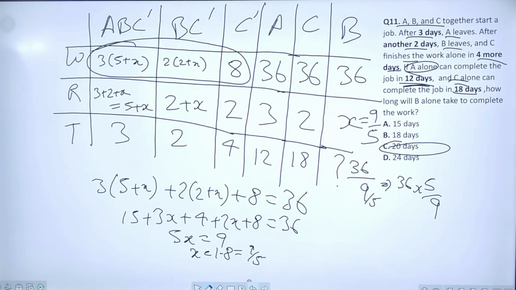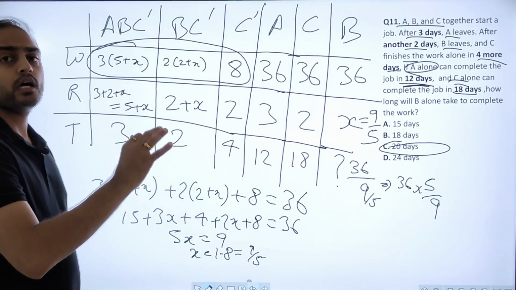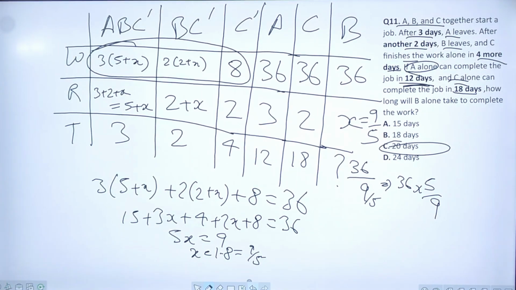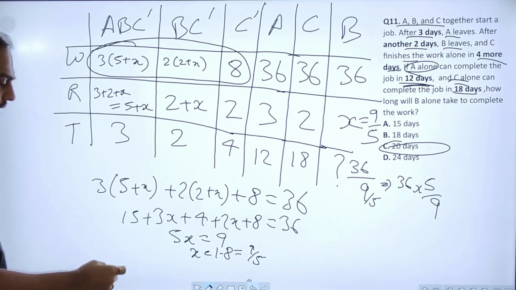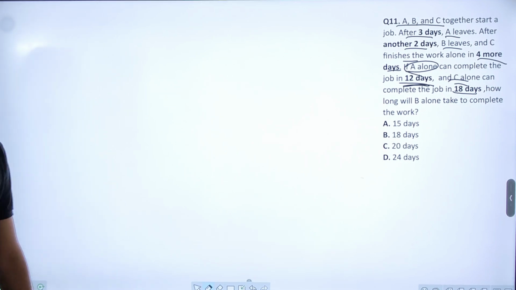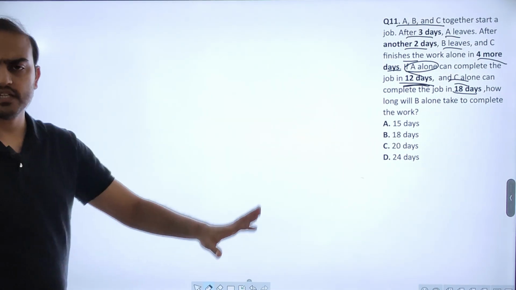Now, there is another way in which we can solve the same question slightly more quickly. Okay, so let's look at that. Alright, let's look at a different way of solving the same question.